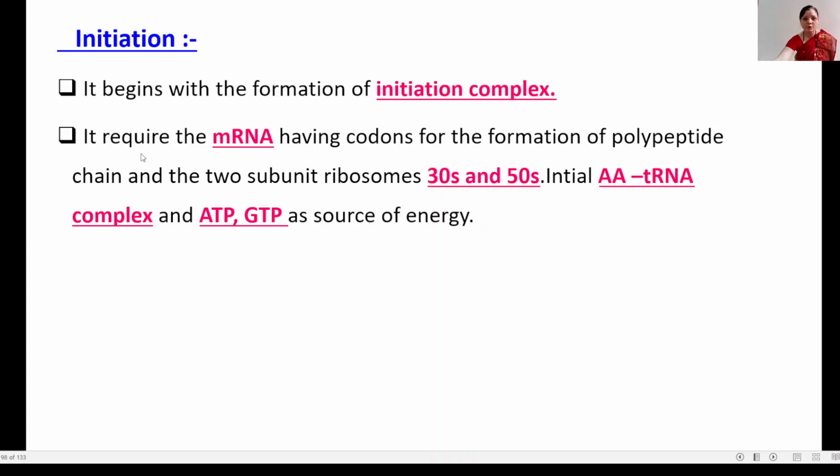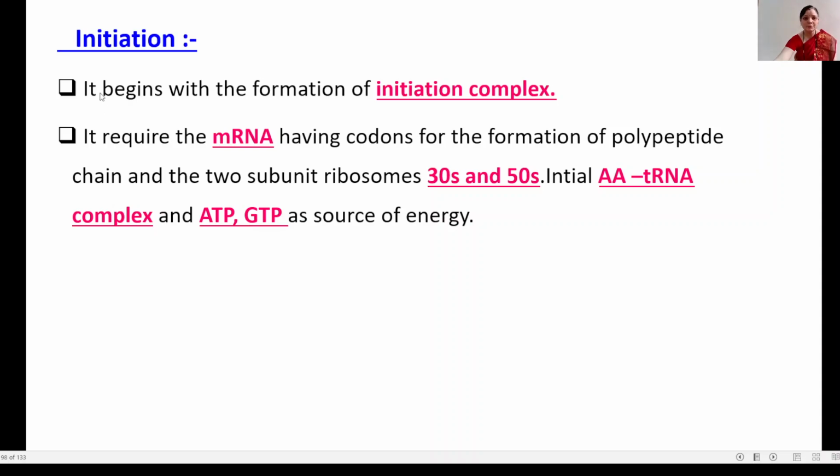So the initiation process requires the mRNA having codons for the formation of the polypeptide chain, the two subunits of the ribosome, that is 30S and 50S, the initiation complex, that is the AA tRNA complex, and a source of energy, that is ATP and GTP, adenosine triphosphate and guanosine triphosphate.